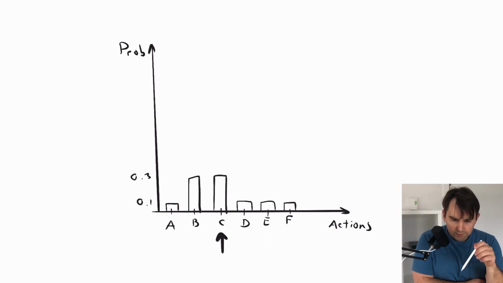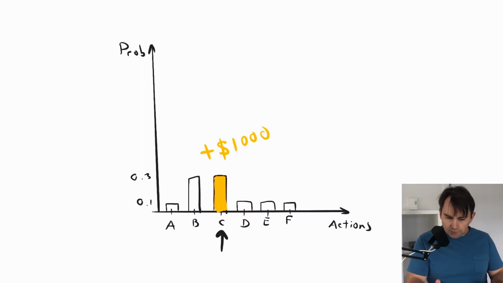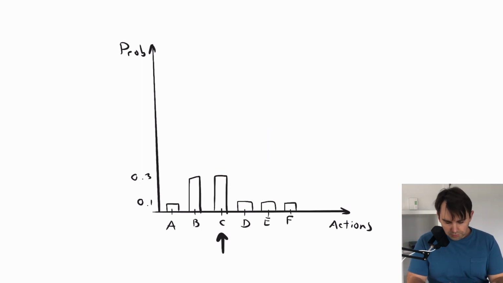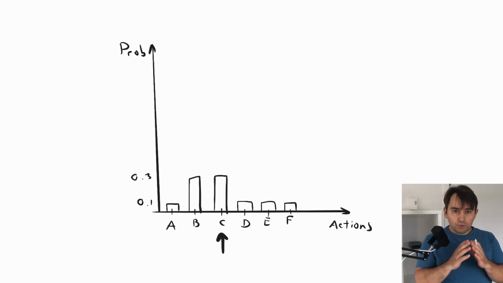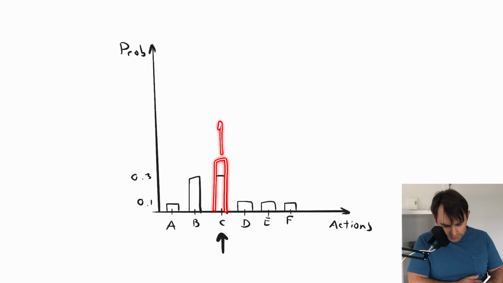For example, if the distribution of possible actions is as follows, and one of these actions turns out to lead to a good outcome, such that one of these actions, for example, gives us a large monetary reward of $1,000, then we should kind of squish our distribution around that action such that that action happens more often. So we'll push this action up, we'll make this a bit higher, and we'll make all of these others a bit lower.